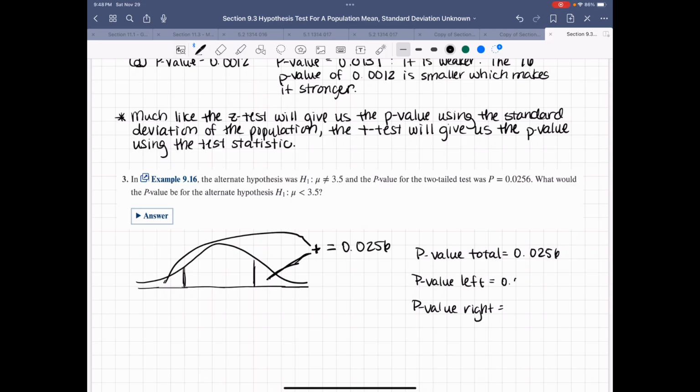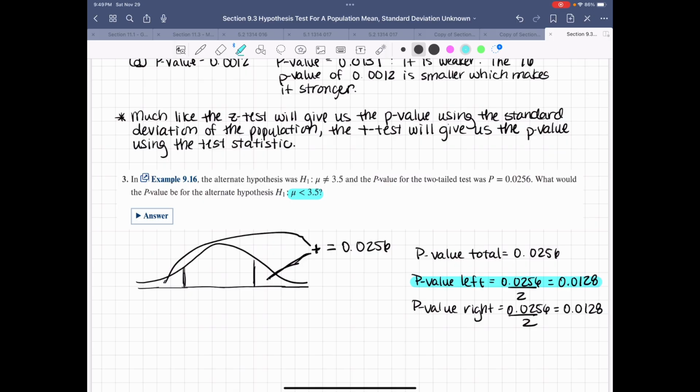So that's going to be 0.0256 divided by 2. They're going to be equal, guys, because it's normally distributed and it is symmetric. That is 0.0128. So we are looking for less than 3.5, which is the left value, and we should be getting 0.0128.